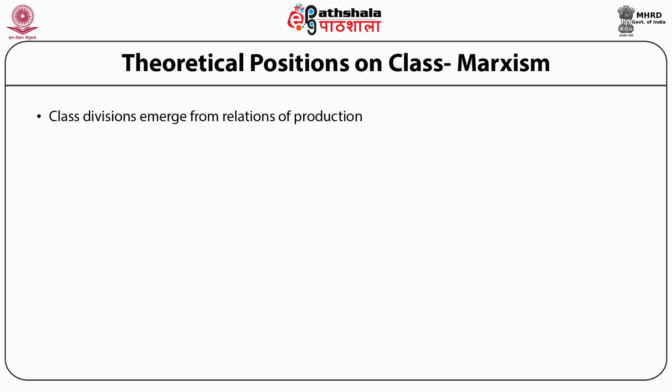As we know that capitalism changed the relations of production and introduced new means and modes of production. And as a result of this changing mode of production, new classes emerged. But the classes were not in an equal position in the society. There was a hierarchical relationship between the two classes that emerged from this relations of production.